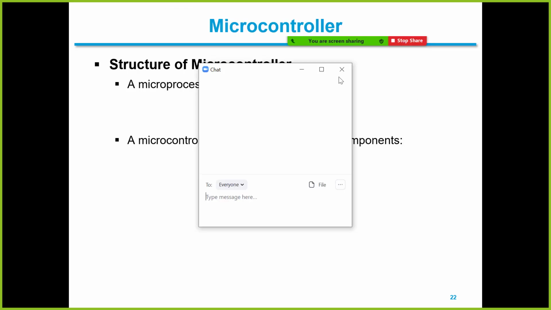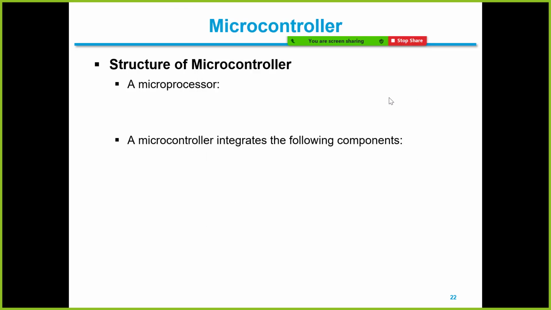Is it like a CPU? Okay, yes. So a microprocessor is a processor on a single integrated circuit. You can simply understand it as a CPU.